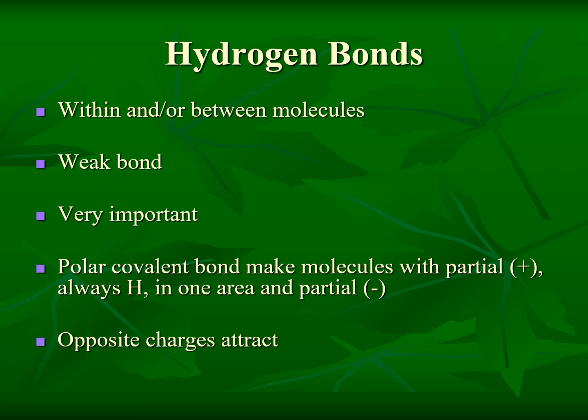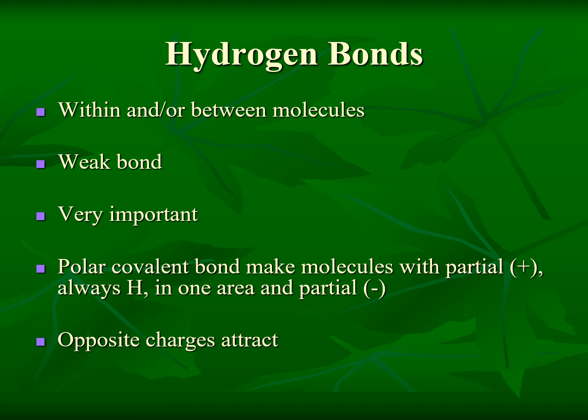This is going to lead to hydrogen bonds. Of the three bonds, covalent is the strongest, ionic is intermediate, and then hydrogen bonds will be the weakest ones. Now, hydrogen bonds can form between molecules, but they can also form within molecules, especially if it's a long, say, strand-type molecule. It can kind of wrap around.